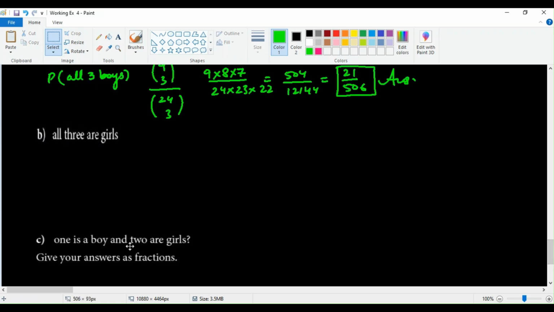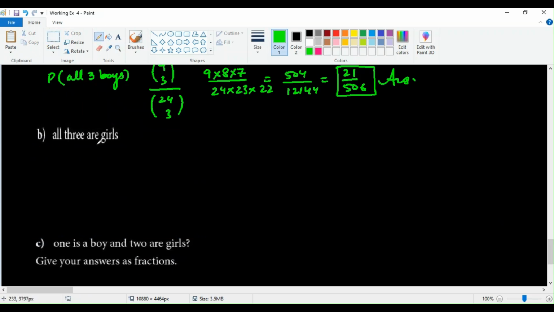Now, when it comes to all 3 girls, the possibility of all girls is going to be 15C3 out of 24C3.